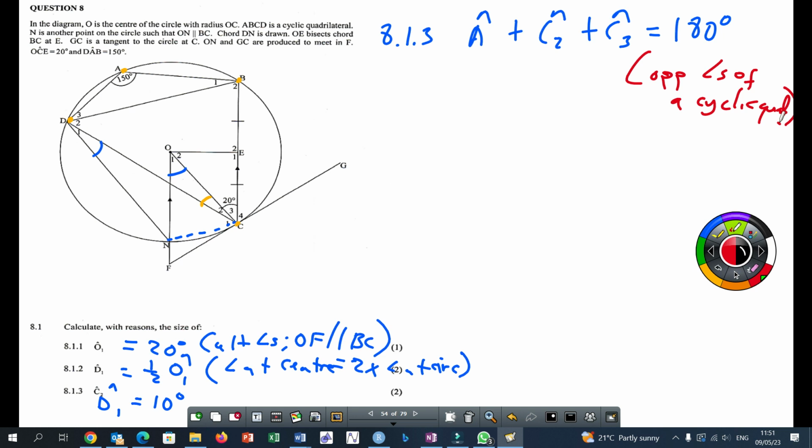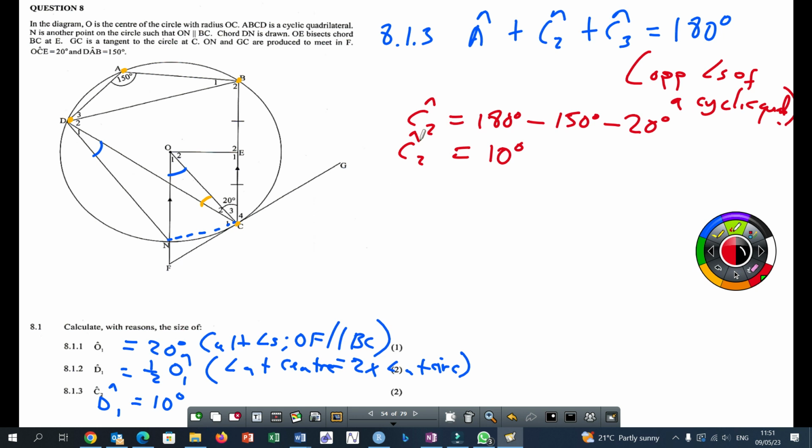You can call C2 plus C3 BCD, it's also the same. So C2 is going to be equal to 180 minus 150 minus 20 degrees, and you get 10 degrees. So C2 is equal to 10 degrees.